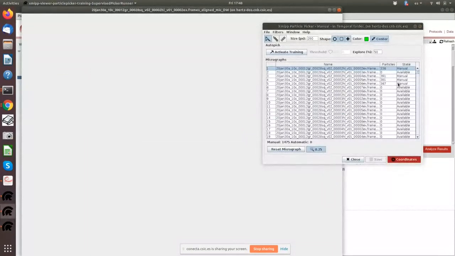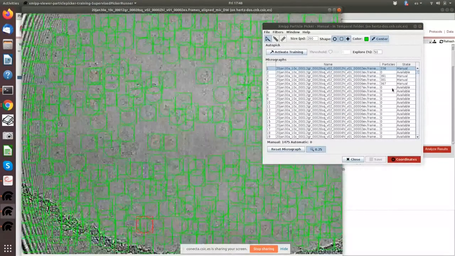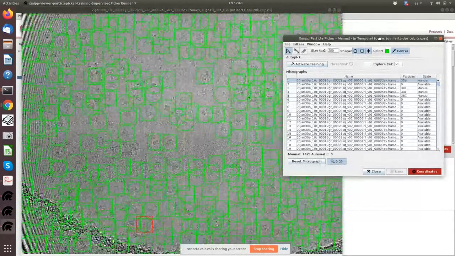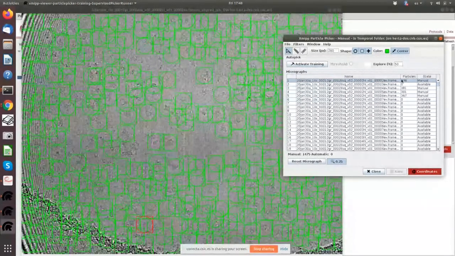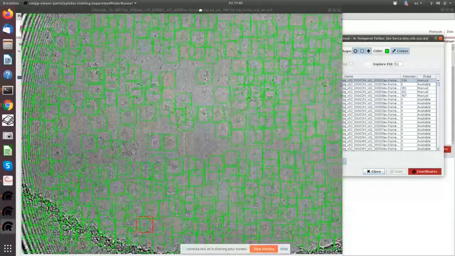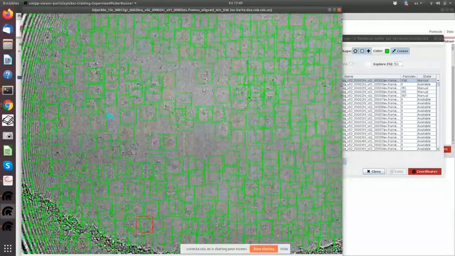We used here, it wasn't me, it was somebody else, 4 micrographs for picking. And you see that even in the first one, there were a lot of particles away that he didn't correct. That is why we got 1 million particles. So the training area was this one.